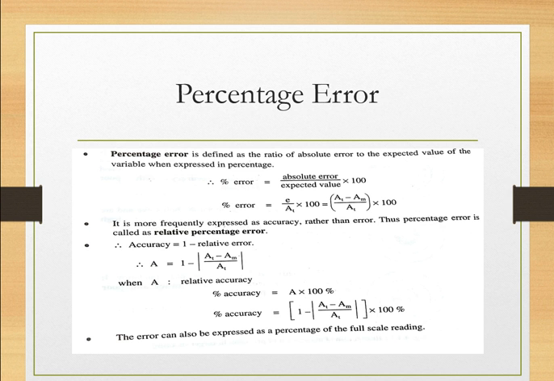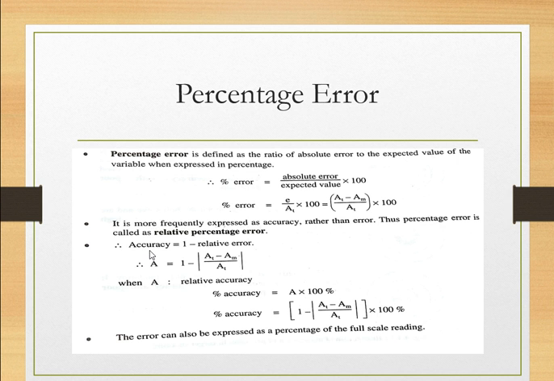That's why they are interrelated, and that's why this percentage error is frequently expressed as an accuracy rather than error. Thus the percentage error is called a relative percentage error, and therefore these two quantities are interrelated.